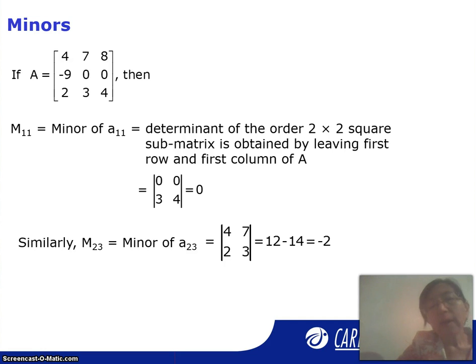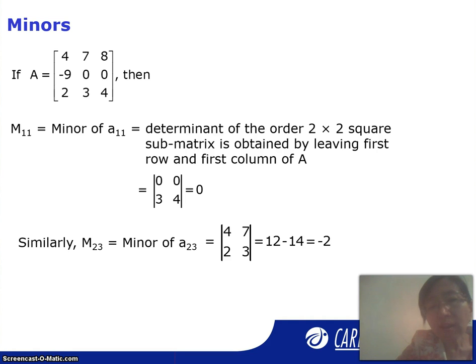Similarly, if we have to calculate M23, the minor of element A23, we have to eliminate the second row and third column.